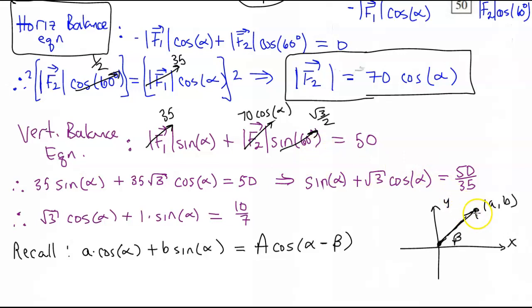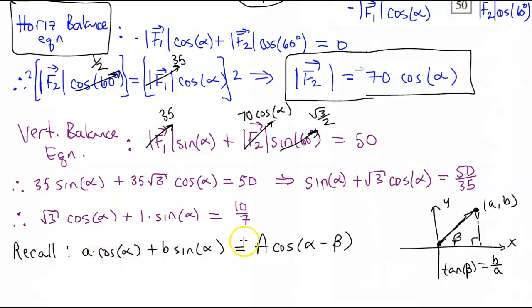And so we see from that if we form a right triangle here, then of course tangent of beta is going to be b over a. And so that's essentially how we're going to find that phase shift, not the directional angle, but the phase shift that we need in order to make all this work. Okay.